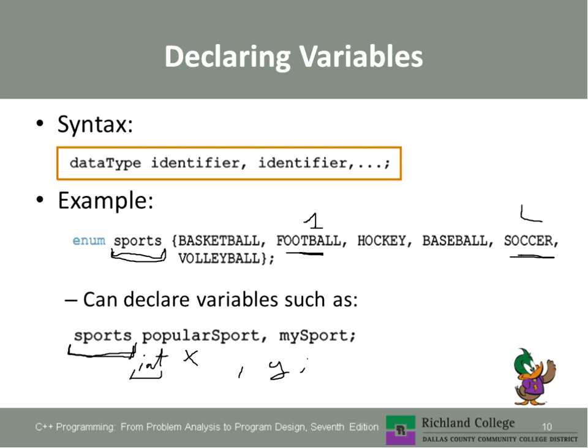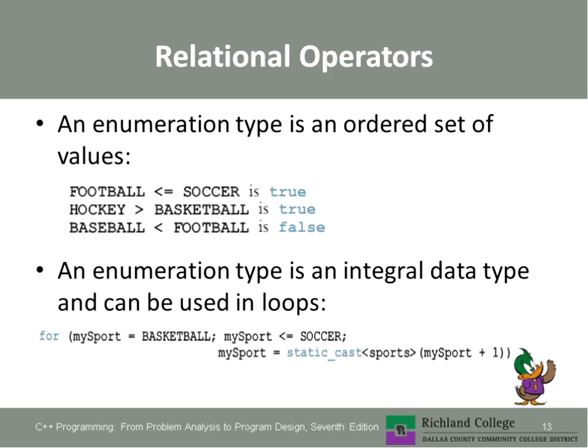It really represents 0, 1, 2, 3, so it's going to be 4. So when you're saying football less than or equal to soccer, the relational operator can actually work with that, because now it is referring to integers.